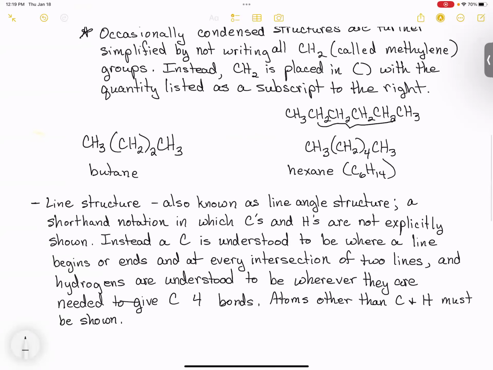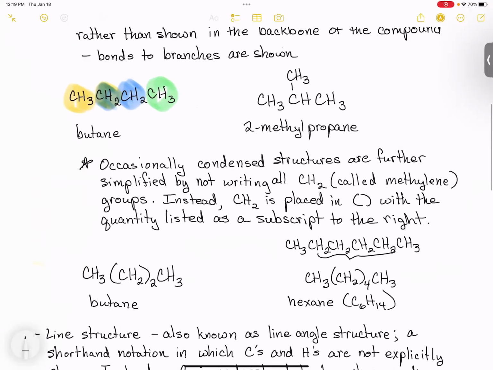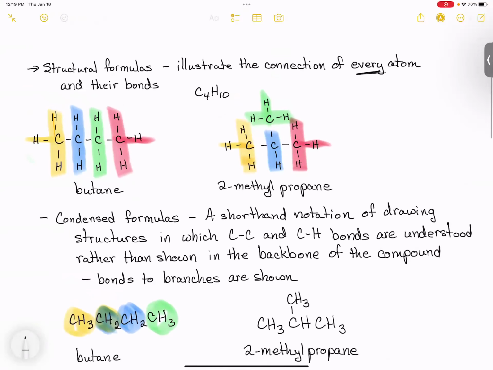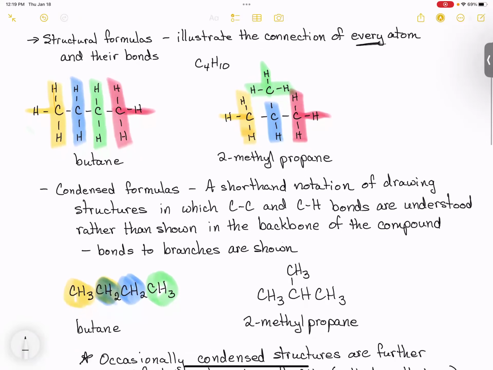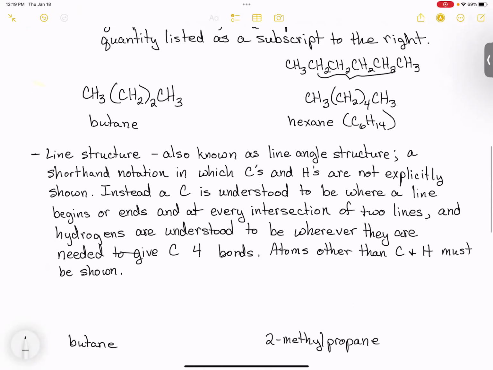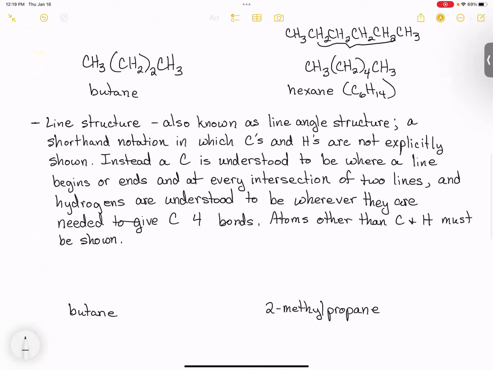Now, I will use the structural formulas on occasion. I will use the condensed formulas on occasion. But the simplest way to write a compound is using a line structure or line angle structure. This is a shorthand notation where the carbons and hydrogens are not explicitly shown.